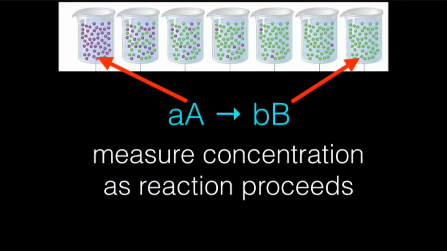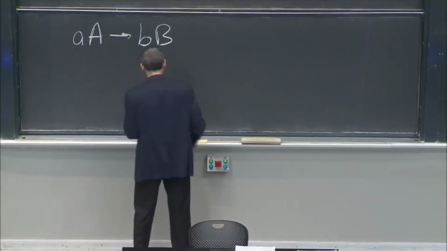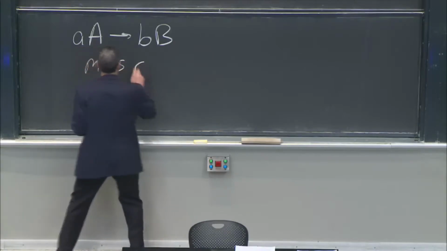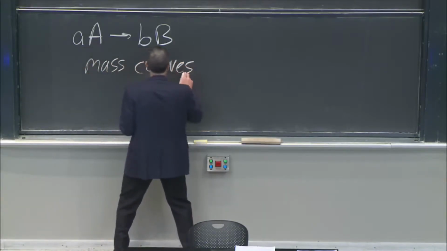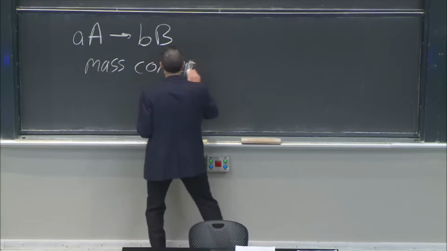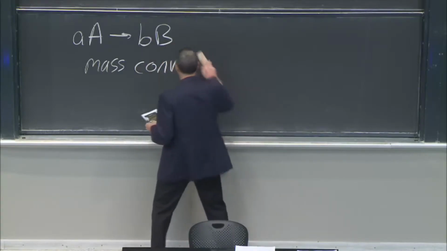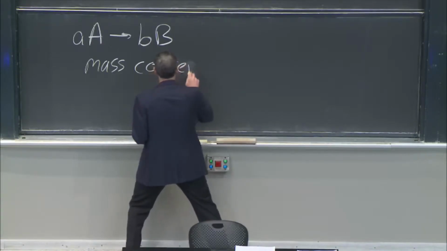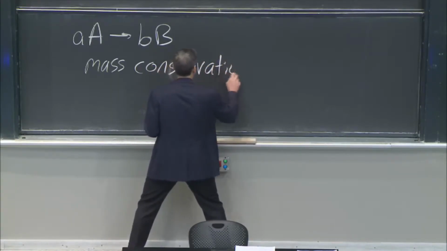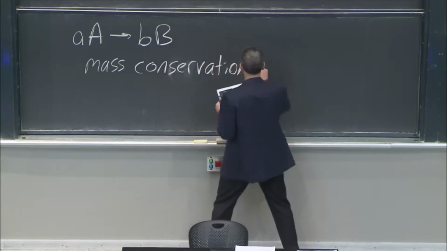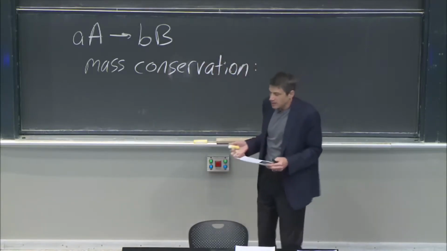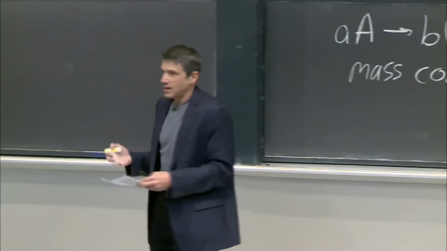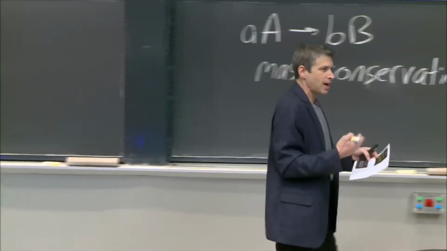Mass conservation is a big deal. Let's write it as conservation. This means that if I take away A, I must add B with the same amount and not lose anything.